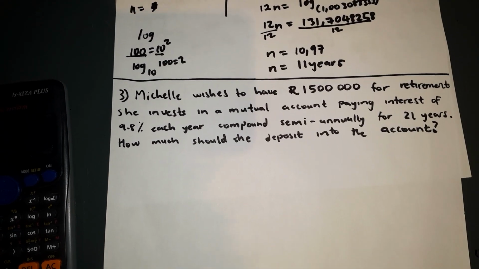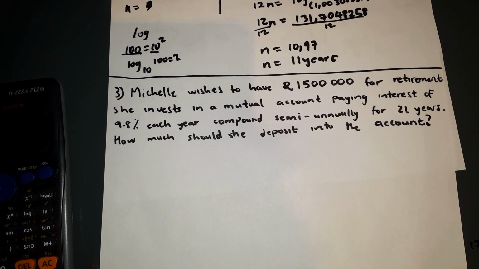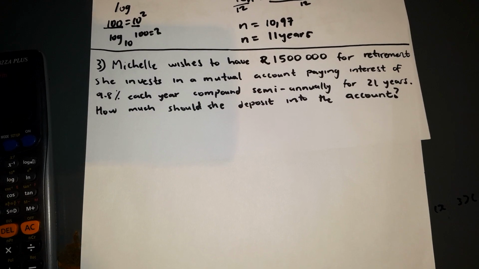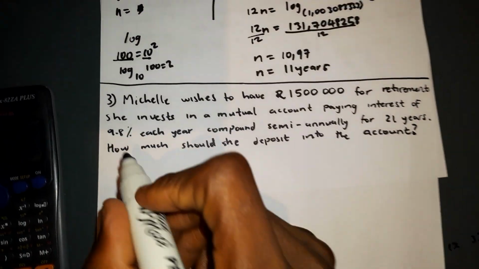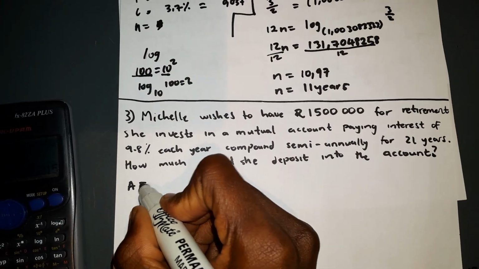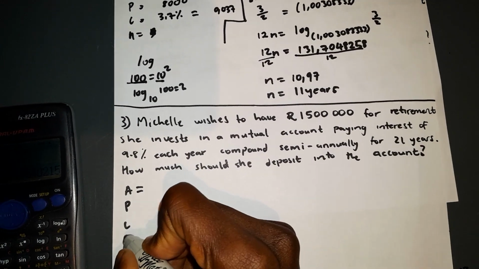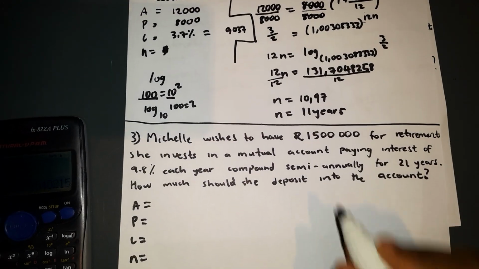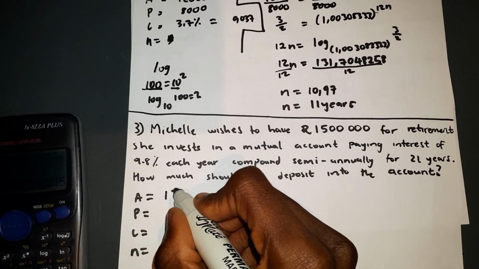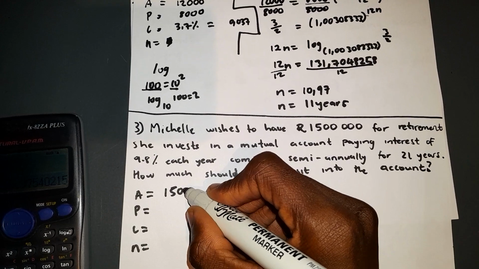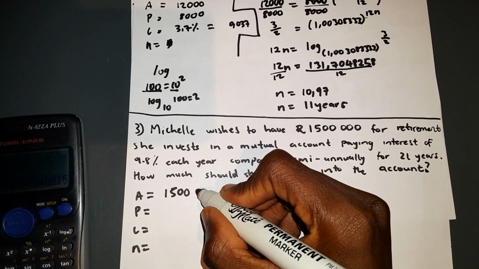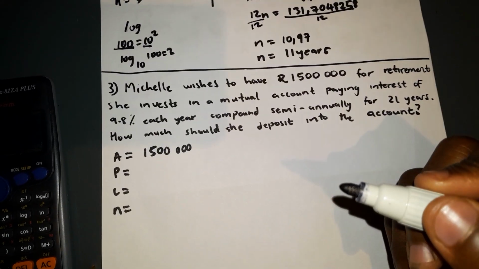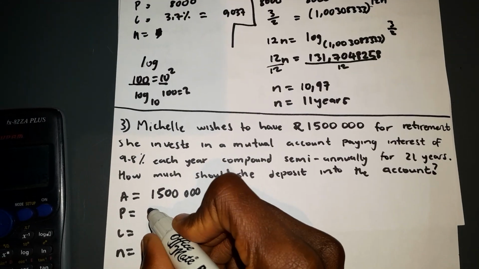So good. Now here we'll be looking for the principal value, the principal amount. This would be the amount that Michelle wishes to have in the future, which is the accumulated amount. And this is the principal amount we are looking for.